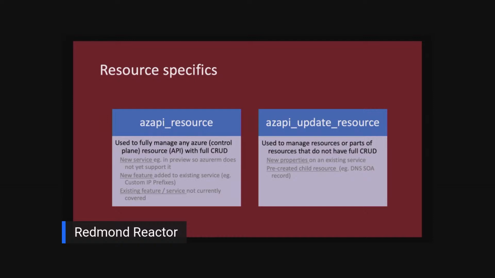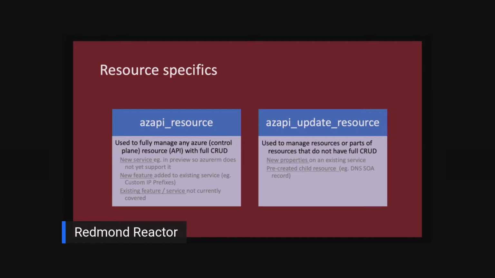The AzAPI resource is a resource that manages the full lifecycle of an Azure resource. So it manages the create, update, delete, and all of that kind of stuff. The update resource is intended to manage pieces of resources.